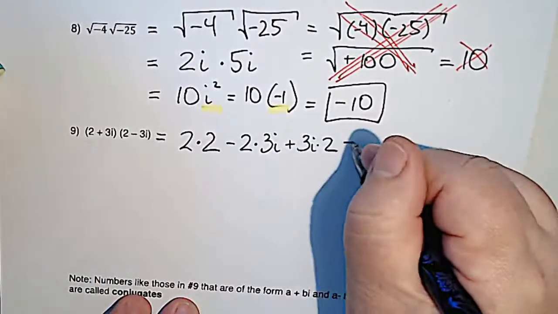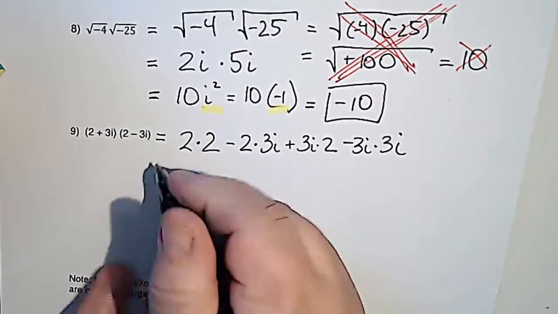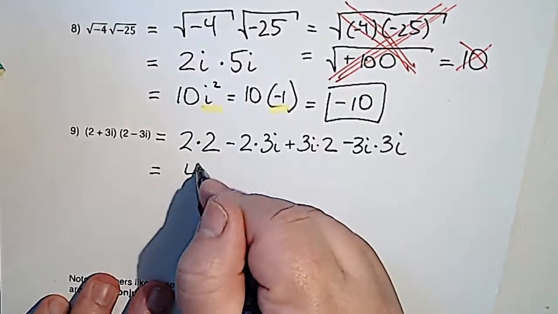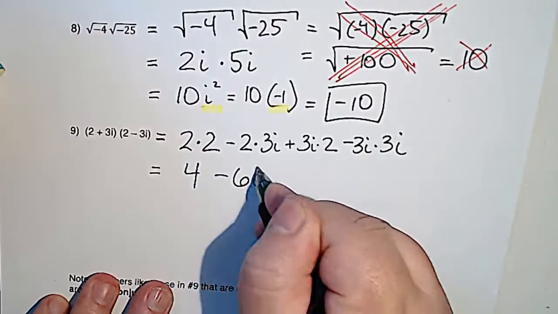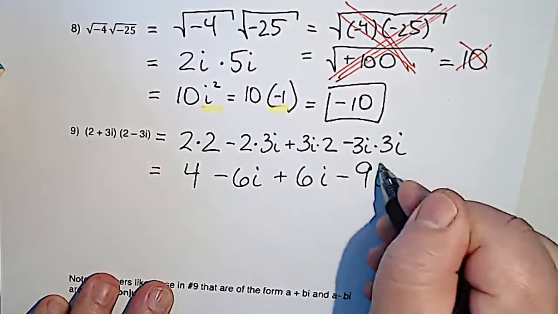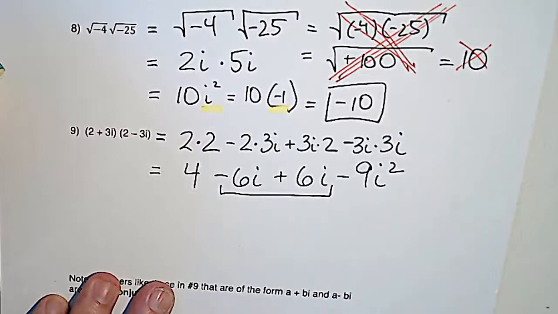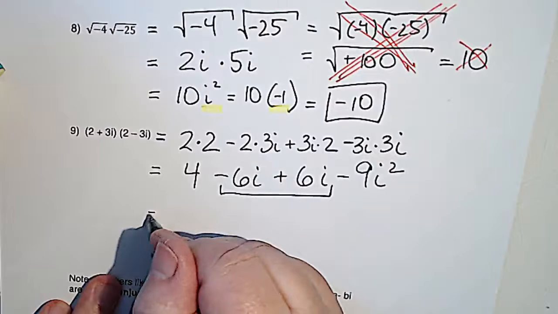And last is minus 3i times 3i. So I get 4 minus 6i plus 6i minus 9i squared. The two middle terms cancel out, like we know, because this is going to be an a squared minus b squared situation.